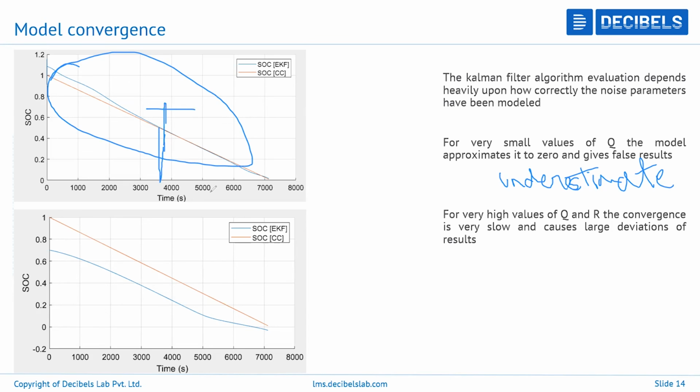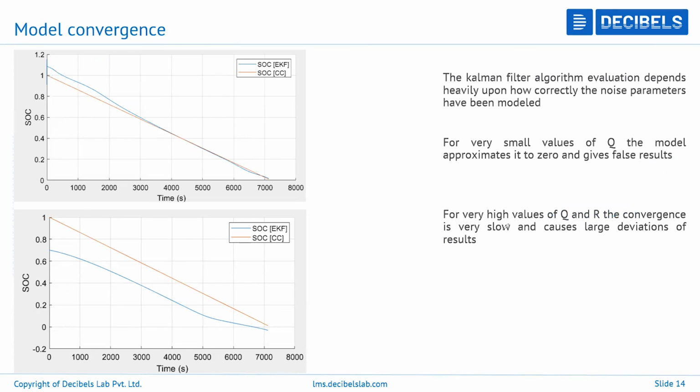So basically this kind of error will lead to what is called overshoot. That means it's estimating an SOC or some sort of parameter much higher than the actual value recorded. Okay. So that way it will give you a false indication, and it will give you false results that the SOC is much higher than what is actually the real SOC.